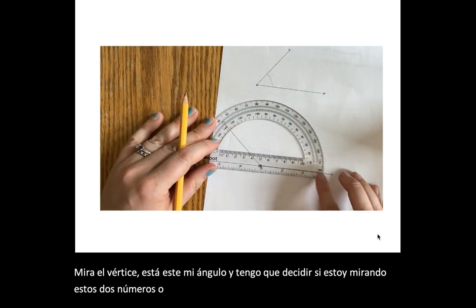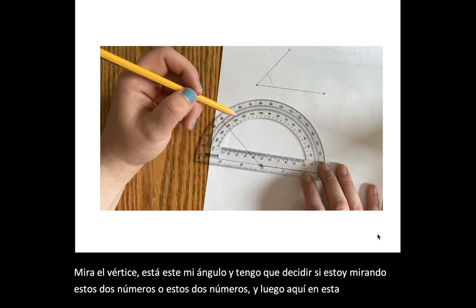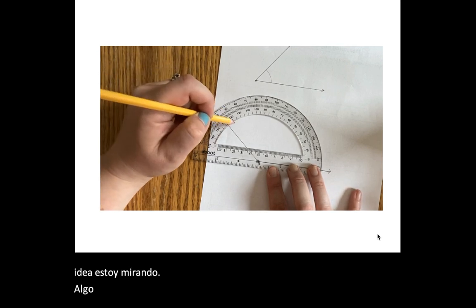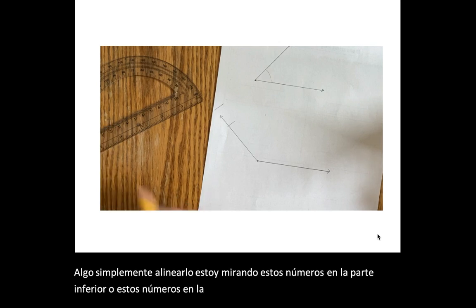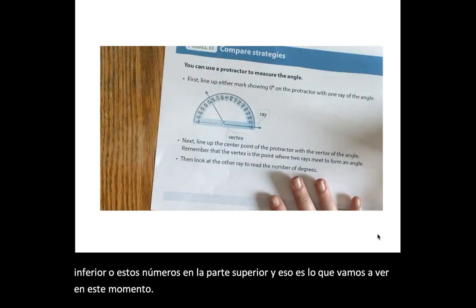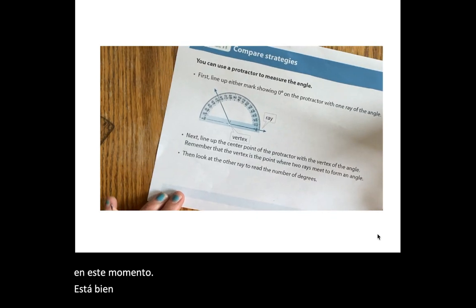And then here, this same idea: am I looking at these numbers on the bottom or these numbers on the top? And that's what we're going to look at right now. Okay, so let me just line this up in my camera.